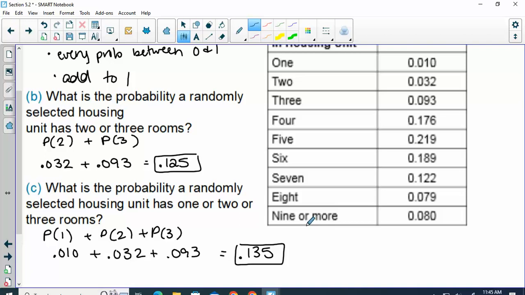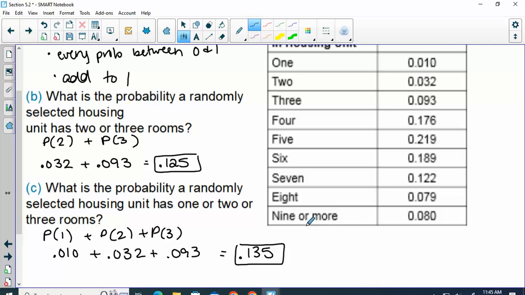And that is not always the case. What if I wanted the probability that you play softball or cross country? Are those disjoint? No. Ella here would ruin that, right? She's in both. So we couldn't just add those individual probabilities. What happens if I add those two probabilities?